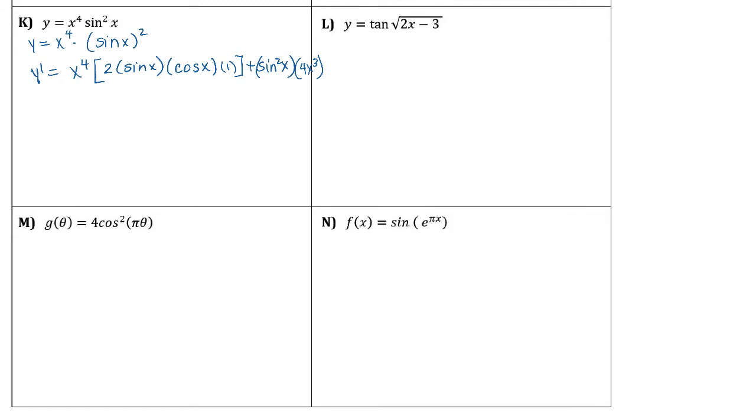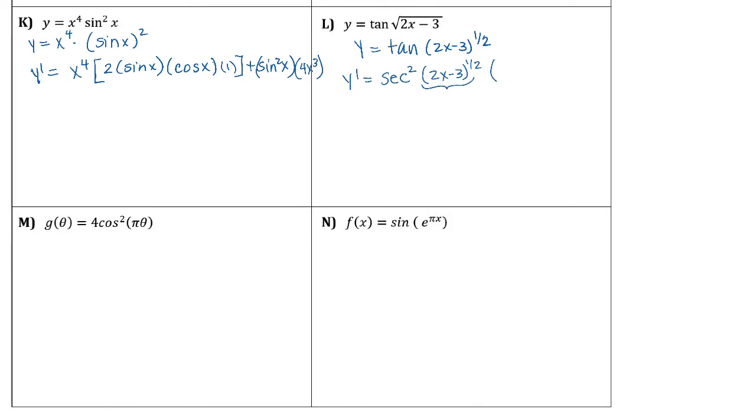Okay, now for the tangent, notice our angle. We do need to rewrite that, but when we do our exponent here, that exponent's on the angle, not the trig function. So we're not going to do rewriting and moving all of that out. Now we do need to do our derivative, and the derivative of tangent is going to be secant squared of our angle, so 2x minus 3 all raised to the 1/2, but then that is also times the derivative of this portion, and that's going to be where the chain rule pops up.